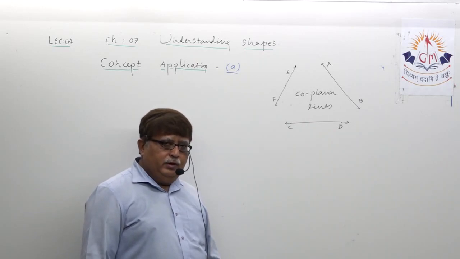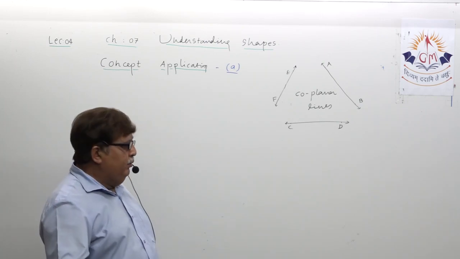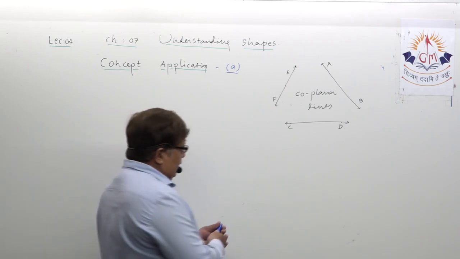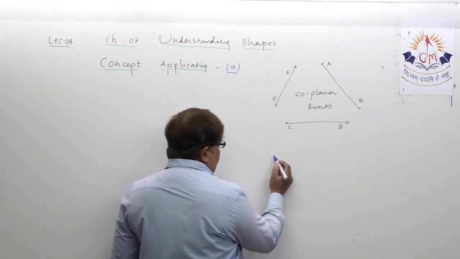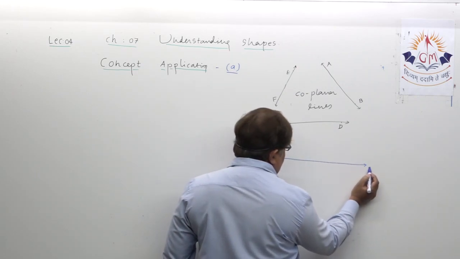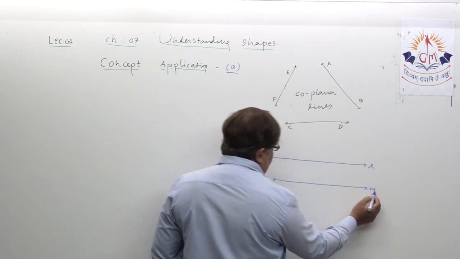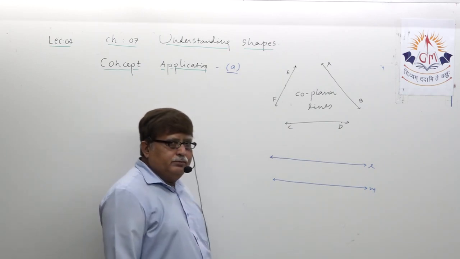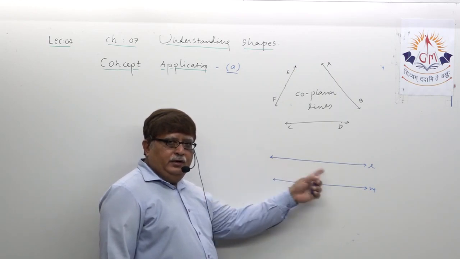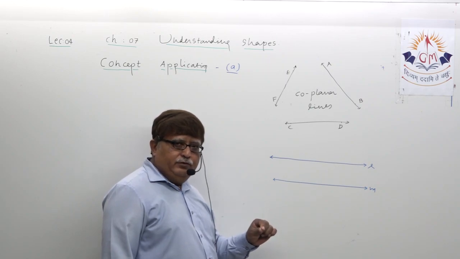Before I explain that, one more thing. You all know about coplanar lines lying in the same plane. One more thing, dear student: if I draw two coplanar lines here, suppose line L and line M, both are coplanar lines, but even if you extend them to any limit, they do not intersect each other.